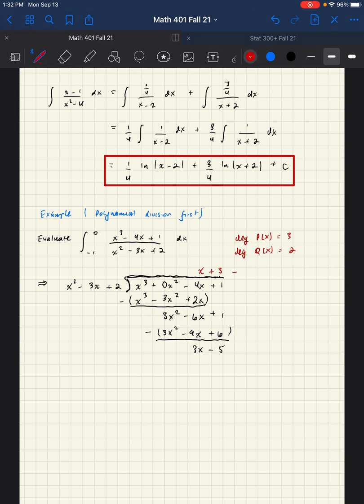What this means is we can write this as x plus 3 plus the remainder, 3x minus 5, divided by the original divisor. So in other words, we have literally written the original rational function as now a polynomial plus some proper rational function, where the degree of the numerator is smaller than the degree of the denominator.